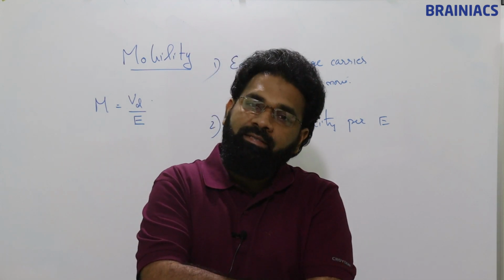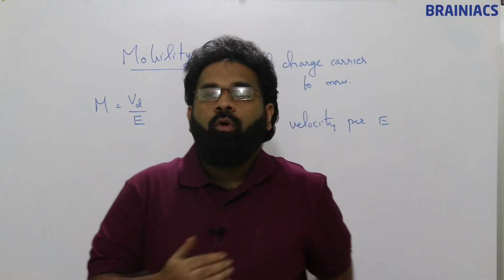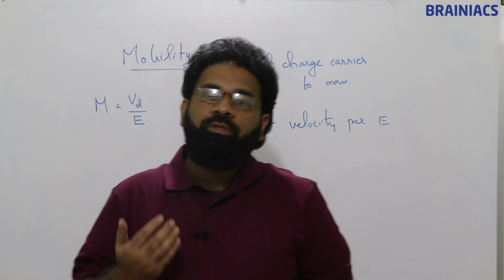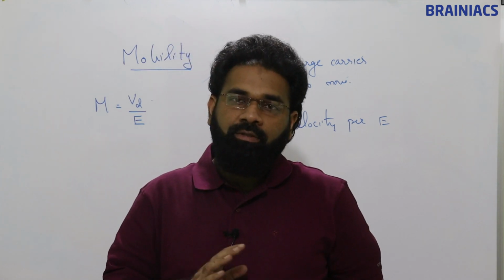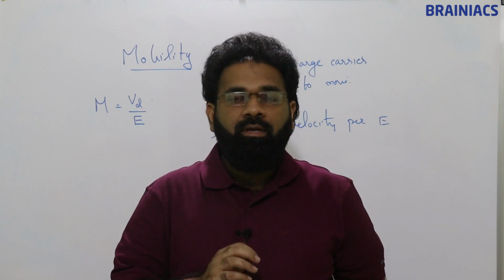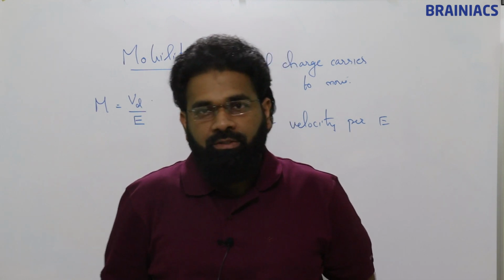Actually, what is resistivity? All these relations we have seen. From Ohm's law we have touched resistance. Now we have to study resistance, how resistance varies, and what factors can vary resistance. All these things we will study in the next sessions.